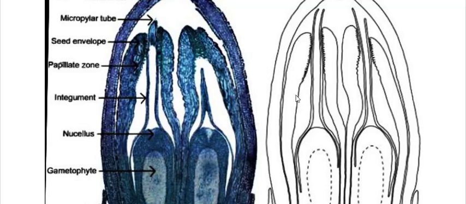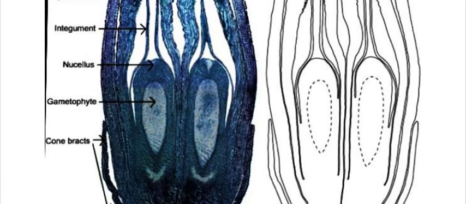This outer integument is similar to appendages or outgrowths which are fused, and it actually is not the integument. These are the two fused appendages or outgrowths which are present around the ovule.